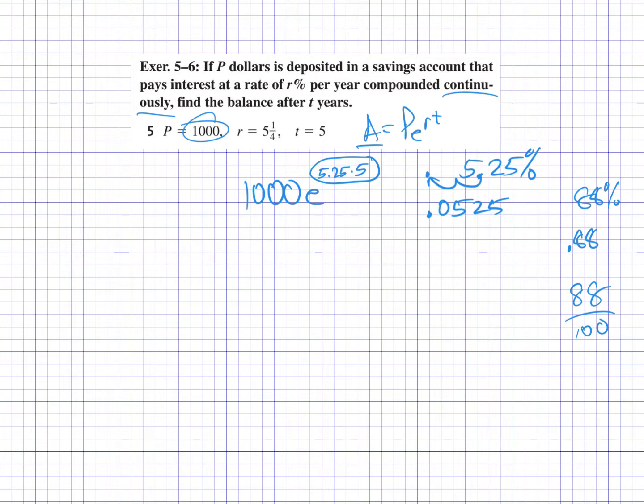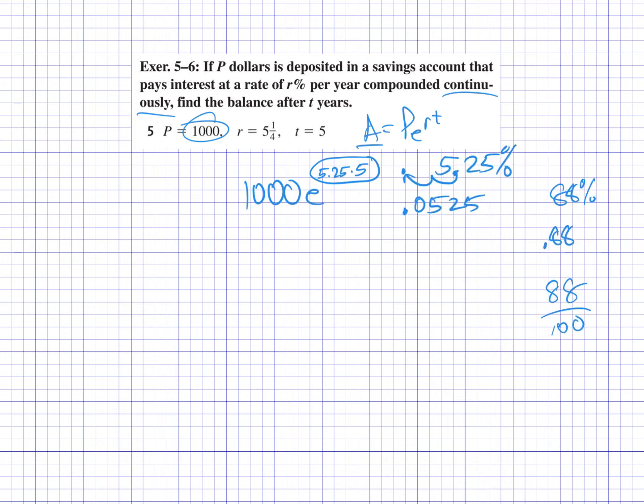Okay. So we have our rate as a number we can use. So it's really 1,000 times e to the 0.0525 times 5. So you do that on your calculator, and you get 0.2625. So you raise that to e, or e raised to that. Okay.